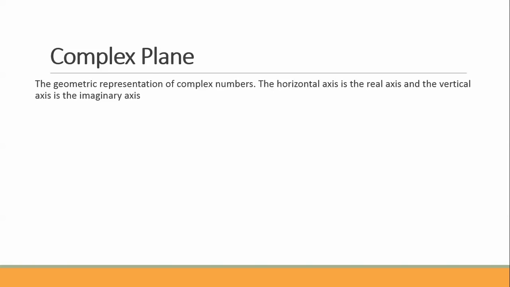Complex planes are very, very similar to the coordinate plane, but this time the horizontal axis is the real axis and the vertical axis is the imaginary axis. Other than that, when you plot complex numbers on a complex plane, it's exactly the same.